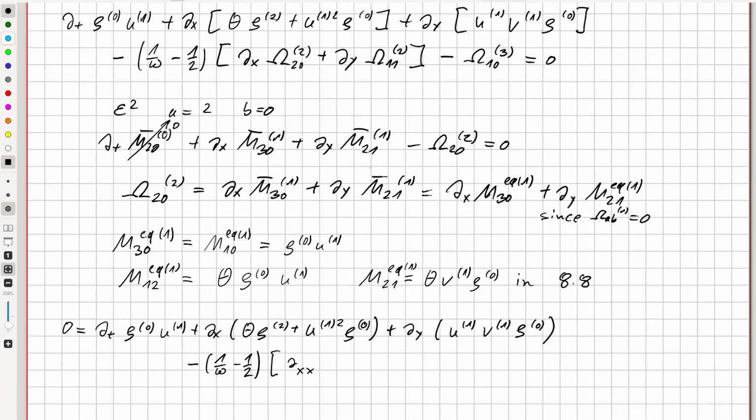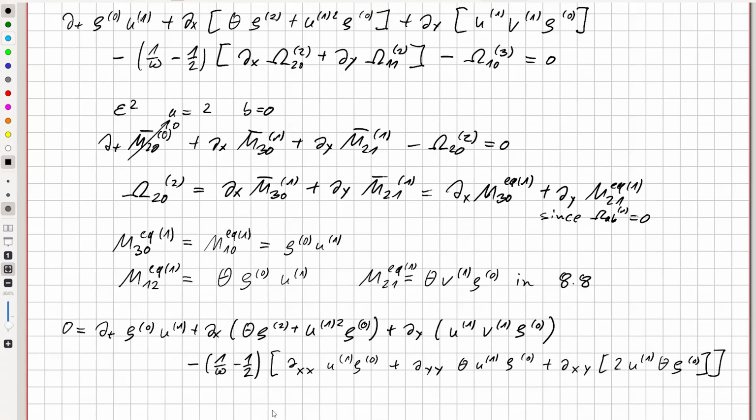So it's the second derivative in x to the first order rho to the zero order plus dyy theta u to the first order rho to the zero order plus dx dy 2 u to the first order theta rho to the zero order.